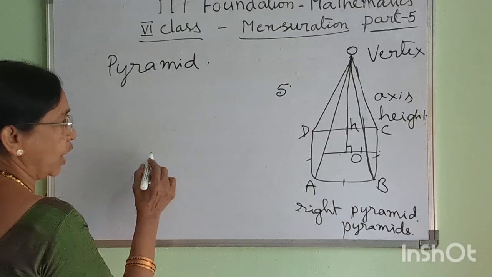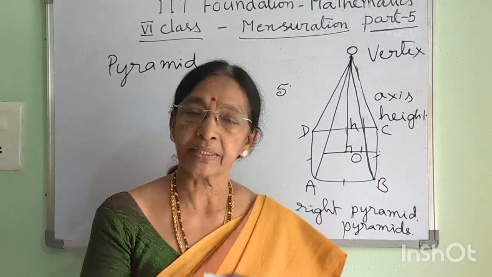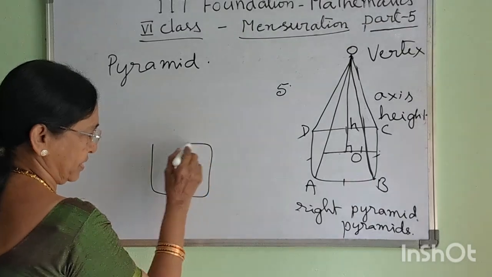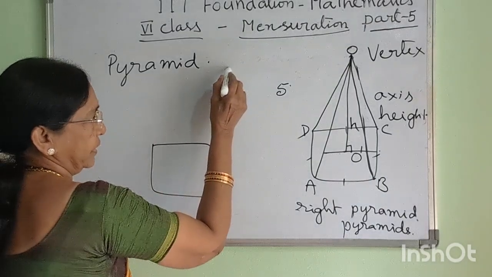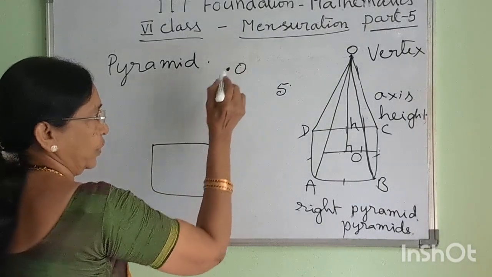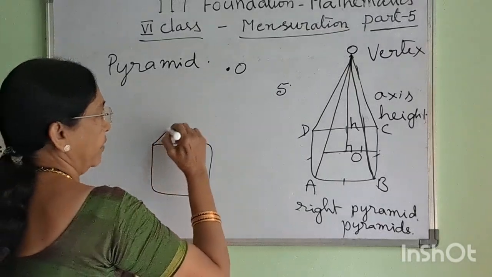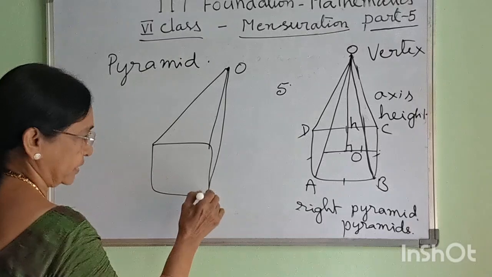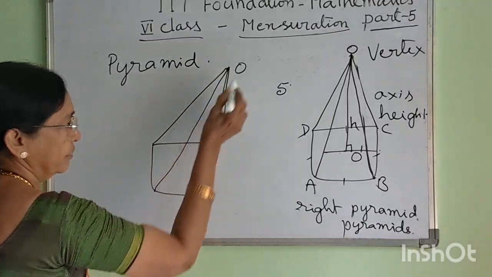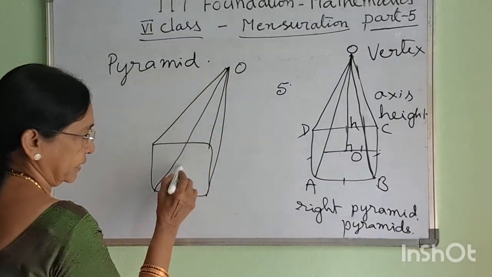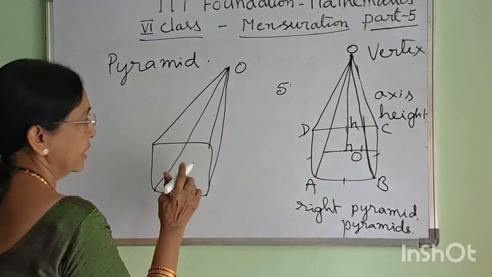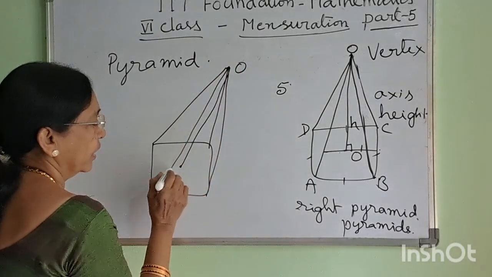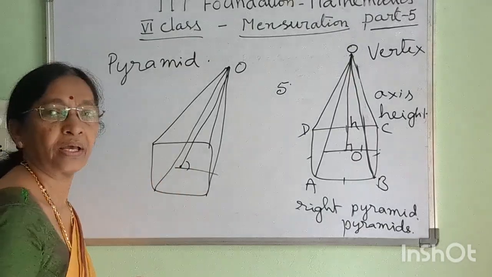If the axis is not perpendicular to the base, then that pyramid is called an oblique pyramid. Suppose we take a square base, and the point in the air, vertex O, is taken here, and all the vertices of the base are joined to that fixed point. Then this is the midpoint of the base. The line joining the midpoint and the vertex is not perpendicular to the base.